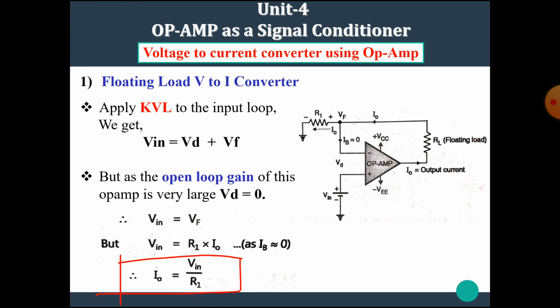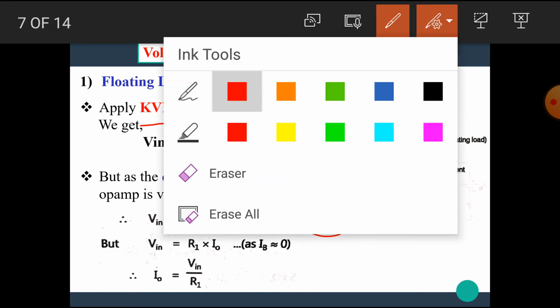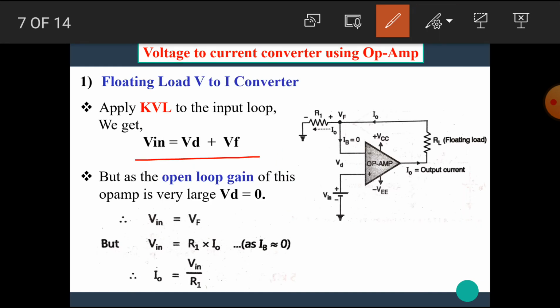Let's see once again the expression of the output current. Here at the input loop, if we apply Kirchhoff's voltage law, then we can write that Vin is equal to Vd plus Vf, where Vd is the differential voltage and Vf is the voltage obtained from the feedback path. As the open loop gain of this op amp is very large, here Vd is equal to 0.